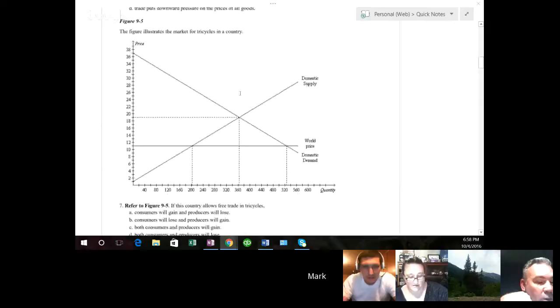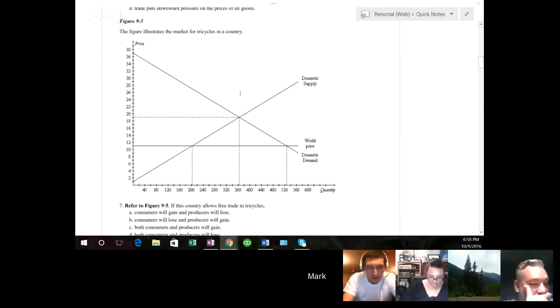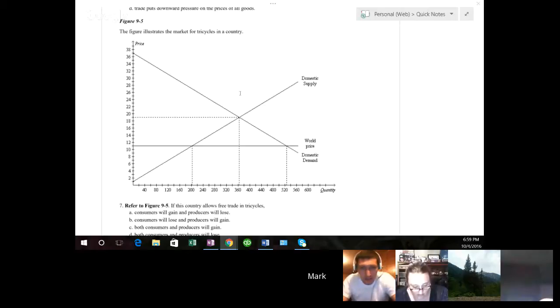So if this country allows free trade in tricycles, I got that the customer would gain and the producer will lose. And the reason I say that is the domestic supply is much higher than the world price, and so the prices would significantly drop from the 19 to the 10.5.